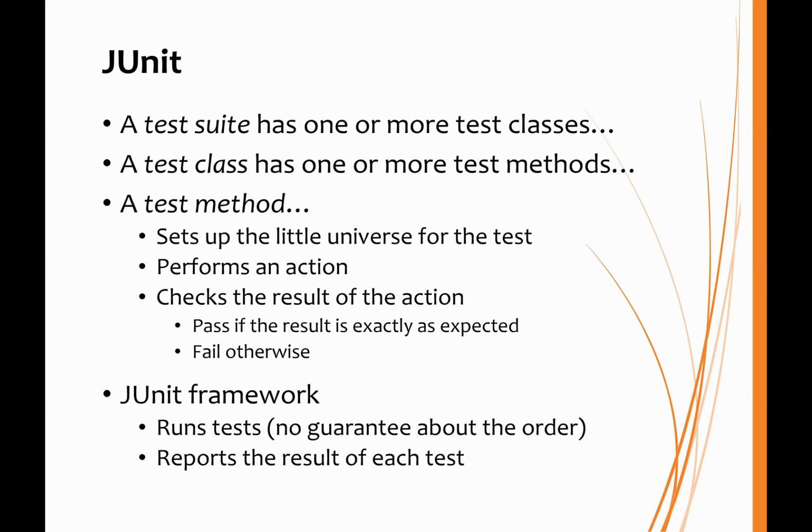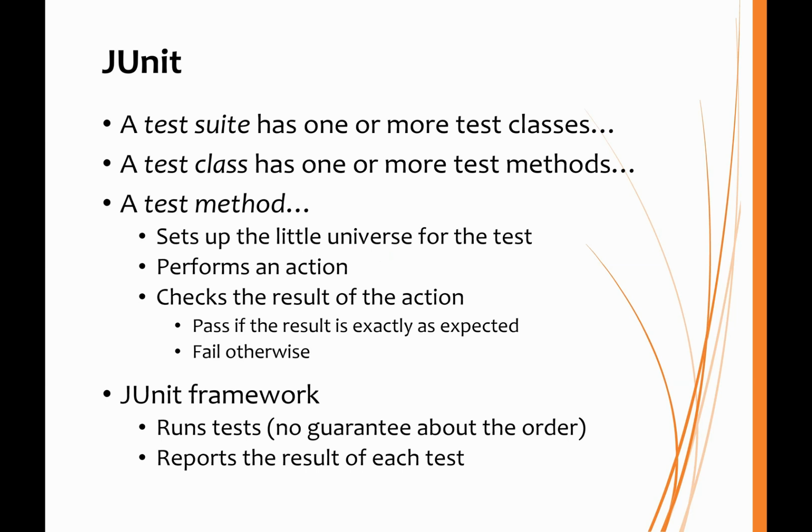In the JUnit framework, when we run the tests, the framework will execute all the tests, and the thing we've got to watch out for is that there is no guarantee about the order in which those tests will run. And that's why we've got to make sure that each test is independent of all the other tests. And that's why we talk here about each test having its own little universe.